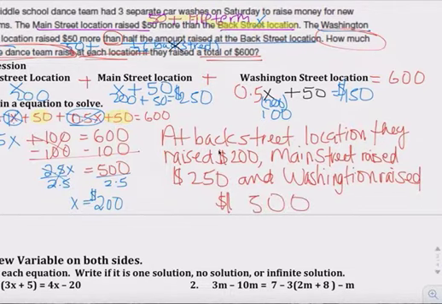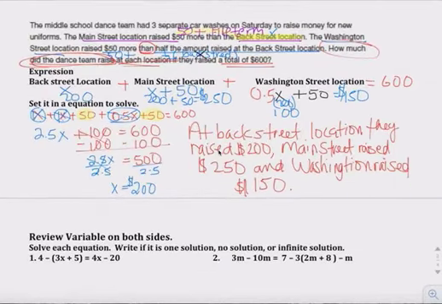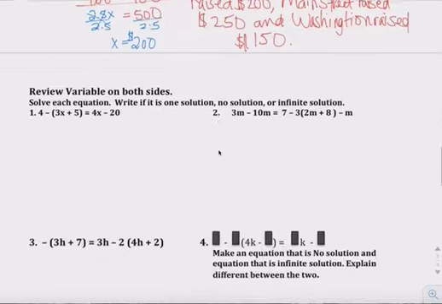Double check. 450 plus, oh no, 150 makes 600. Yep, they made $600. I'm double checking to make sure it adds up to a total of 600.